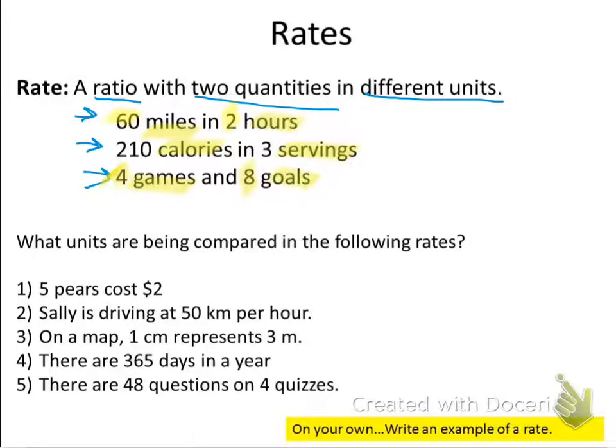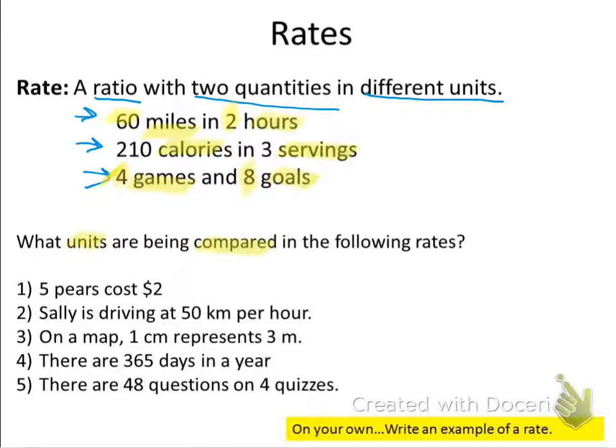For the next part, you need to look at each example of a rate and figure out what units are being compared. So on your handout, you see a number and then a blank, the word and another blank. You need to write down what units you think are being compared. We'll do the first one together.